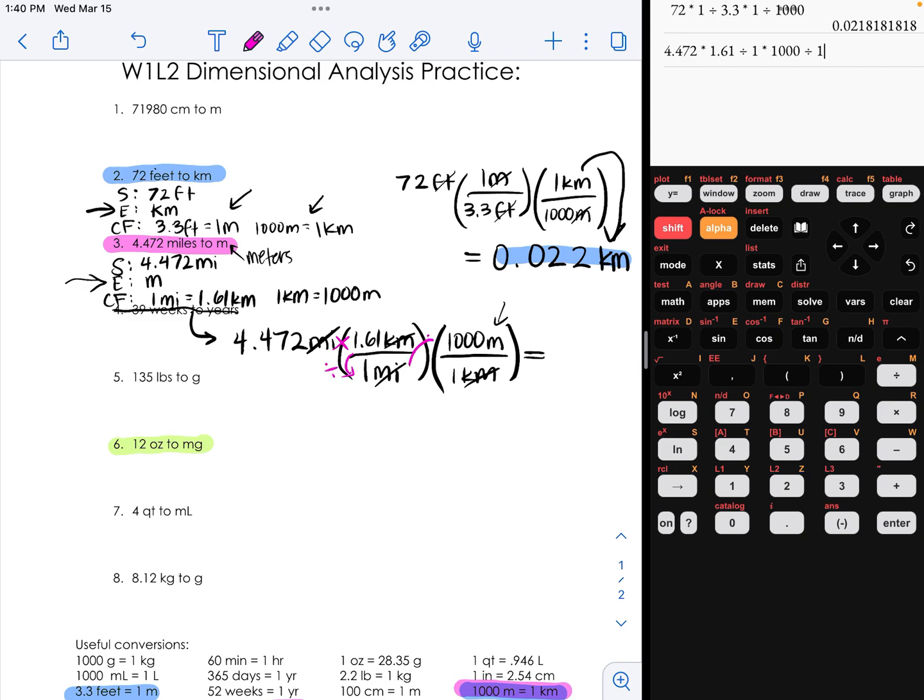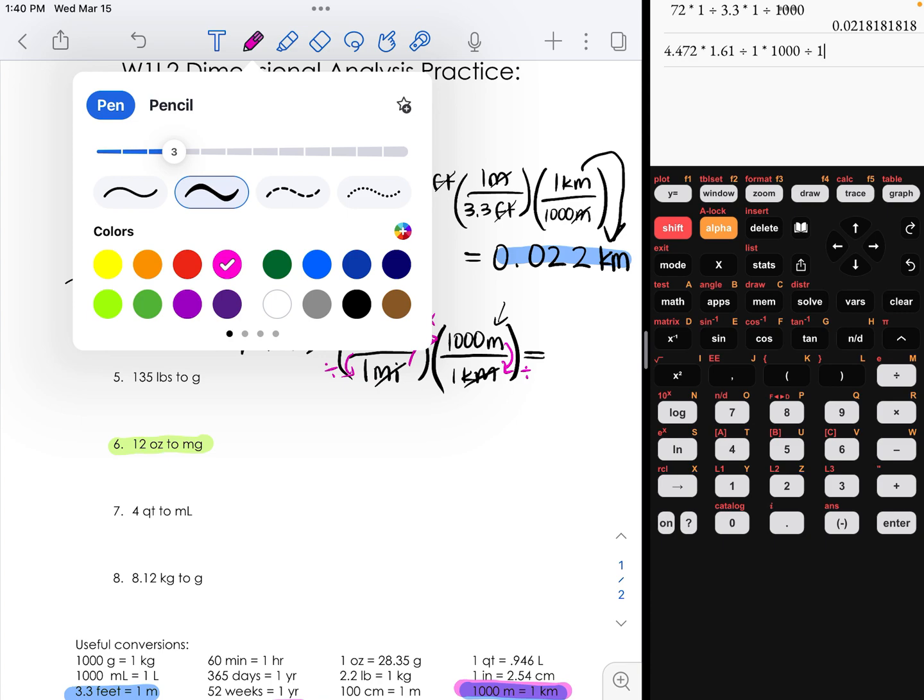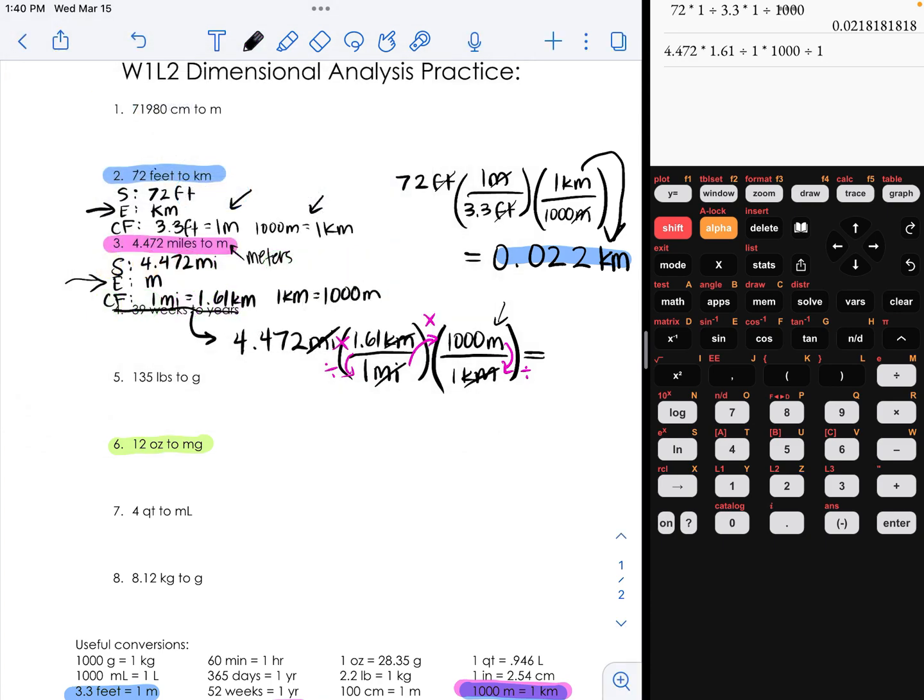And then to go back up here, I multiply. To go down here, I divide. Okay? Then I get my final answer of 7199.92. And that needs a unit of meters, the unit we ended in.